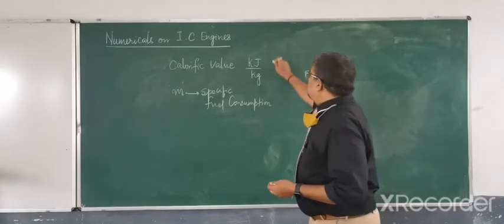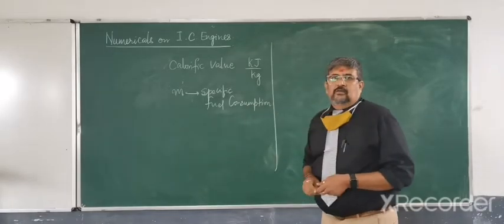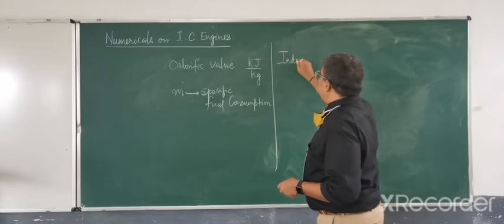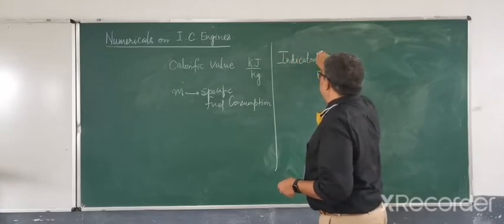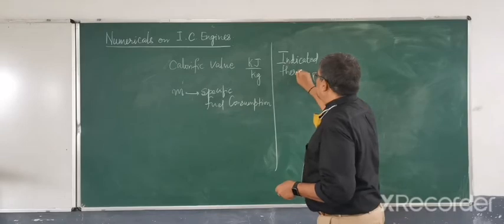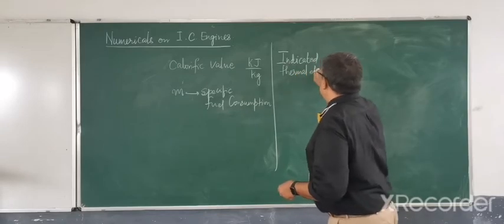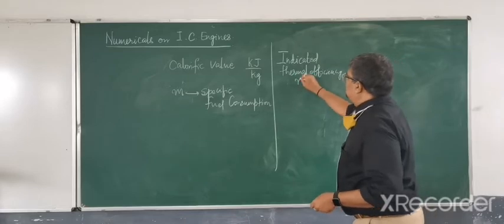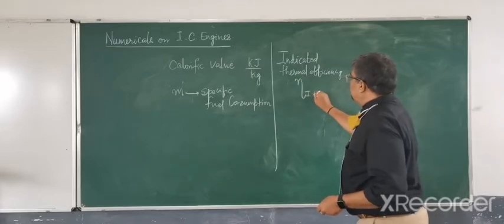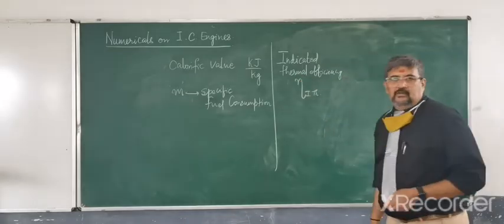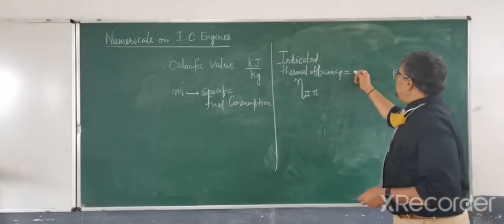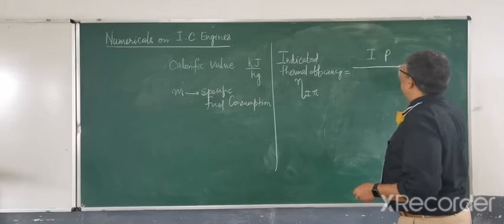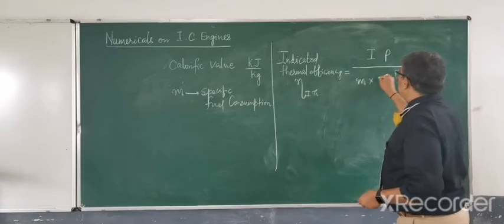In thermal efficiency, I talk about something called indicated thermal efficiency, which I denote as ITE. It is given by the indicated power divided by M into CV.